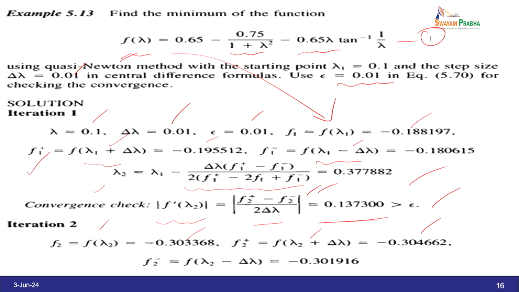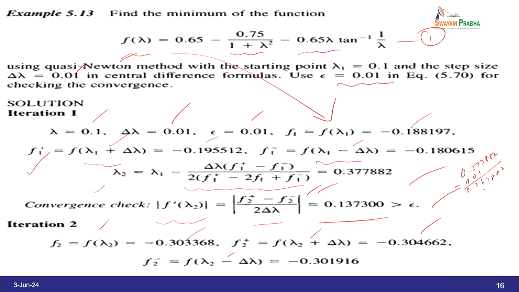Now, you take F2 minus. F2 minus is nothing but f of lambda 2 minus delta lambda, and you know delta lambda is 0.01, lambda 2 is 0.377882, you have the value, right. So, 0.377882 minus 0.01, delta lambda is 0.01. So, you have 0.367882.